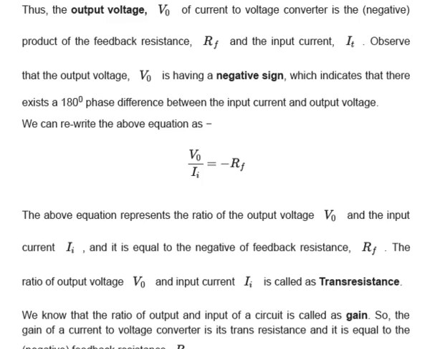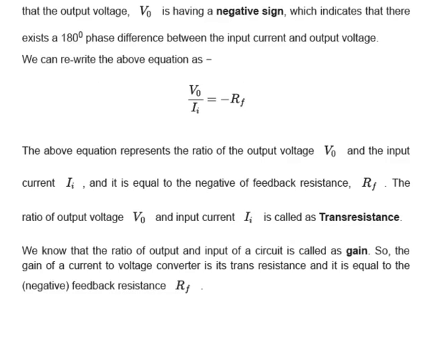The ratio of the output voltage V0 and the input current Ii is called transresistance. We know the ratio of output and input of the circuit is called gain. So the gain of a current to voltage converter is its transresistance and is equal to the negative of the feedback resistance RF.